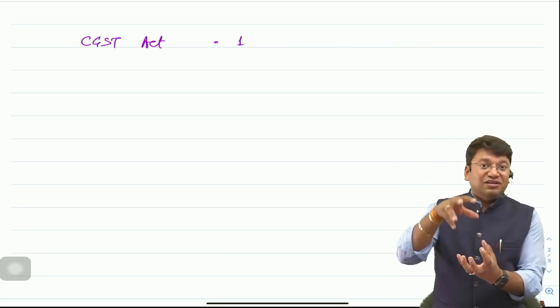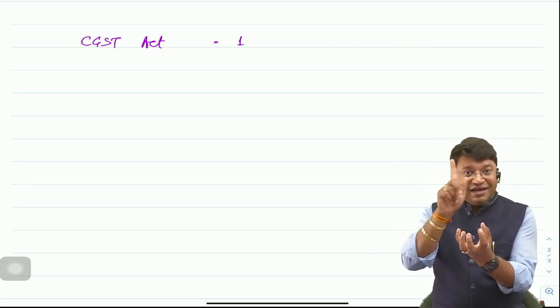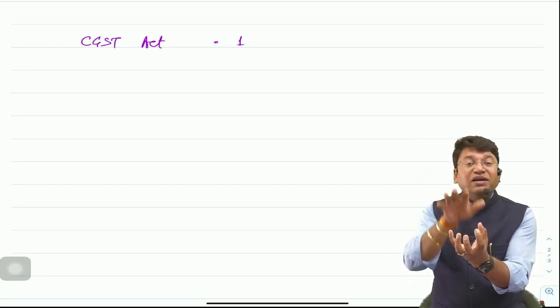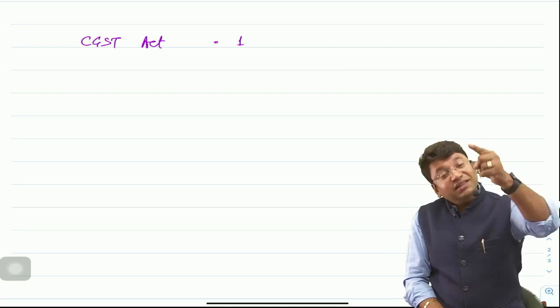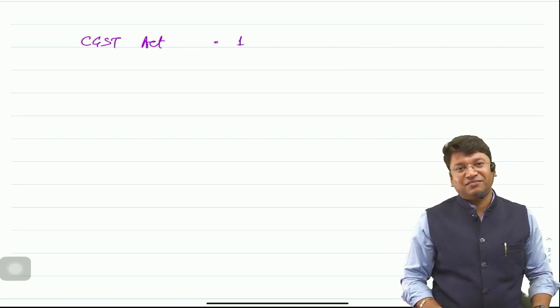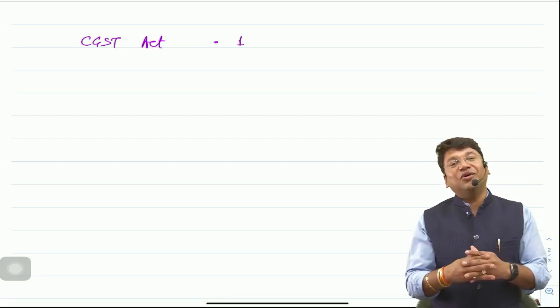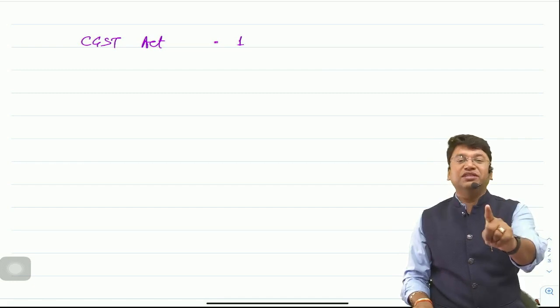That GST Council is the constitution of all the state governments and the central government, and they all will take decisions uniformly. And when they take the decision uniformly, then the act will be framed in discussion with all the state governments and the central government, and a uniform decision will be taken.